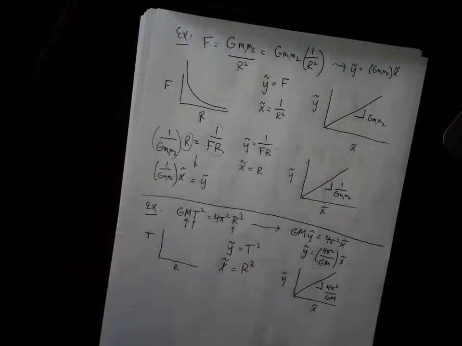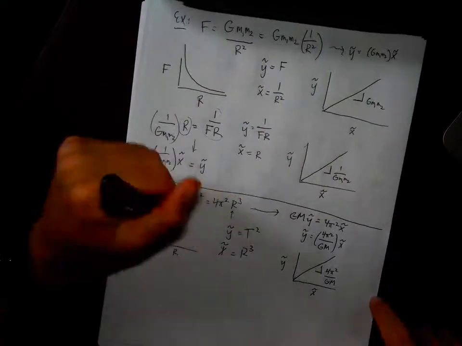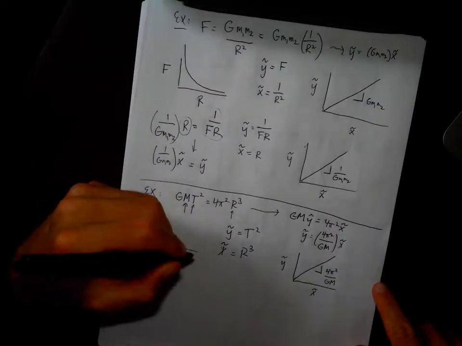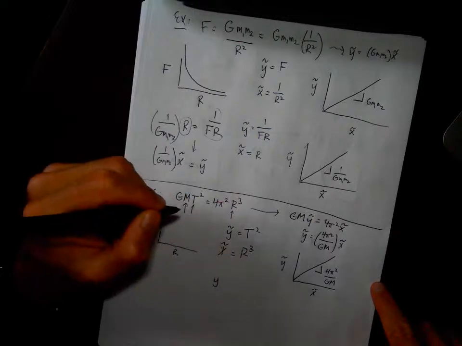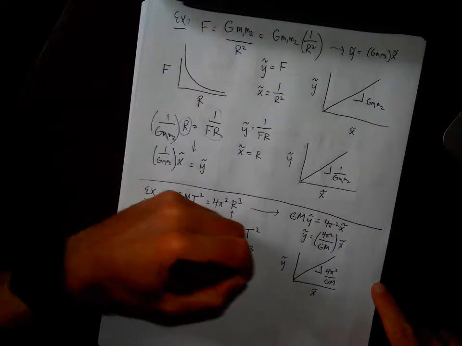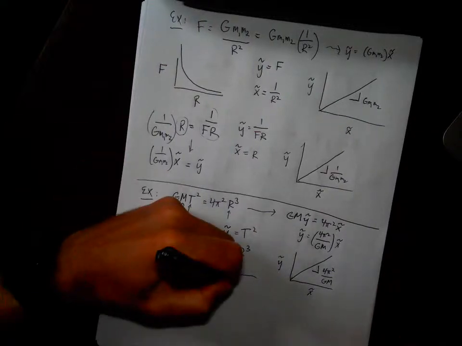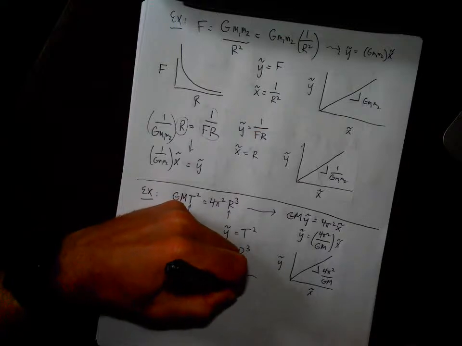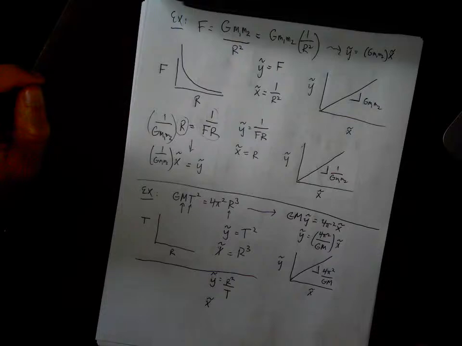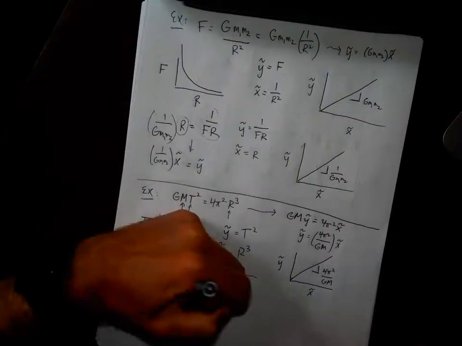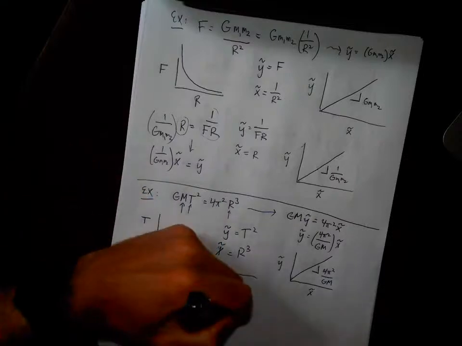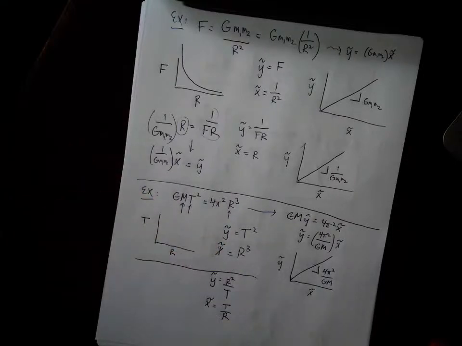If you like, I can give you one more example of a different way you could do Kepler's law. What if I defined y squiggle as, so this is a new example, R squared over T, and what if I defined x squiggle as T over R?